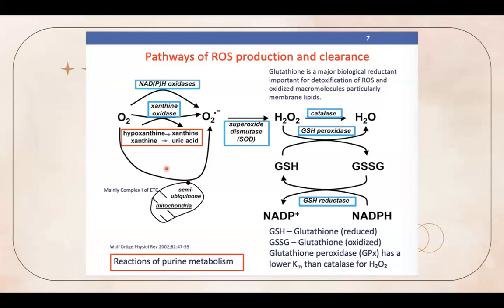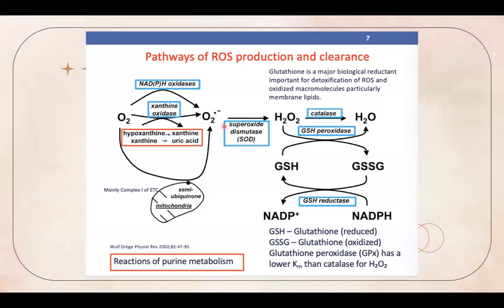Once inside the phagolysosome, there is this very important enzyme, NADPH oxidase, that's present. NADPH oxidase takes this oxygen and converts it to superoxide. The superoxide is dangerous enough, and it can go ahead and kill the bacteria, damage the bacteria, or it can also be converted into other free radicals like hydroxyl radical and other types of radicals.